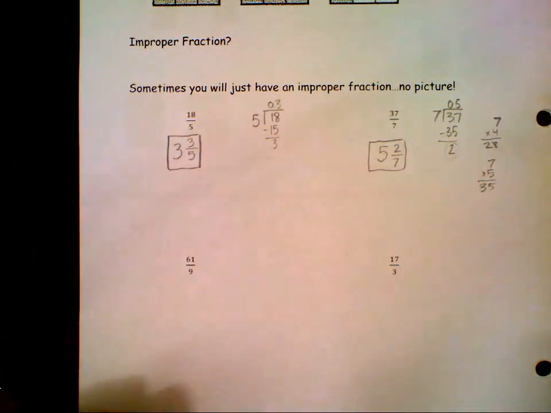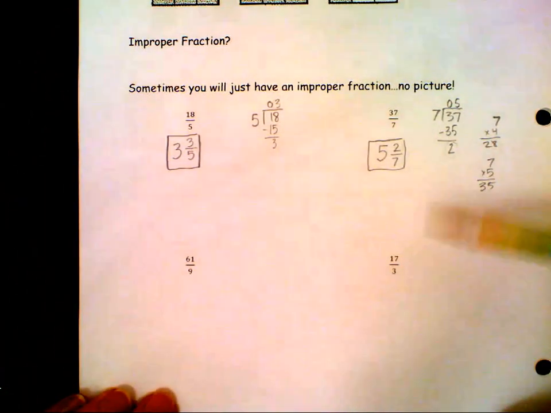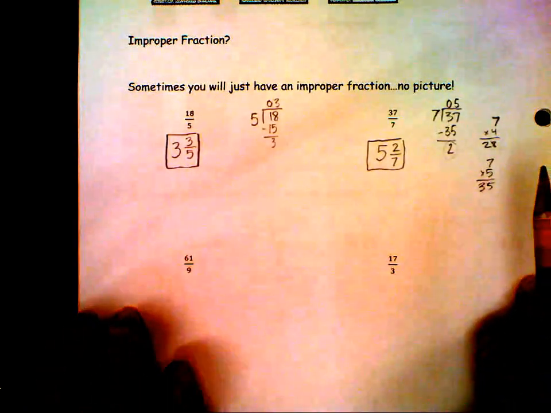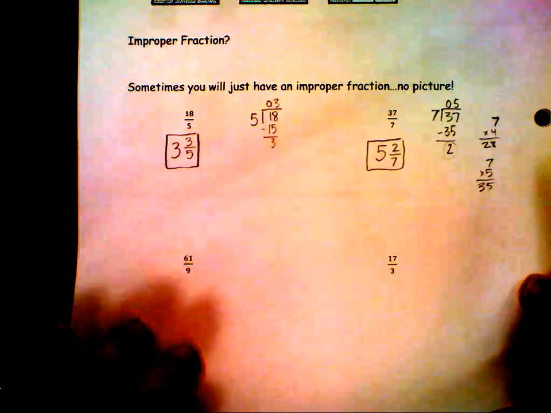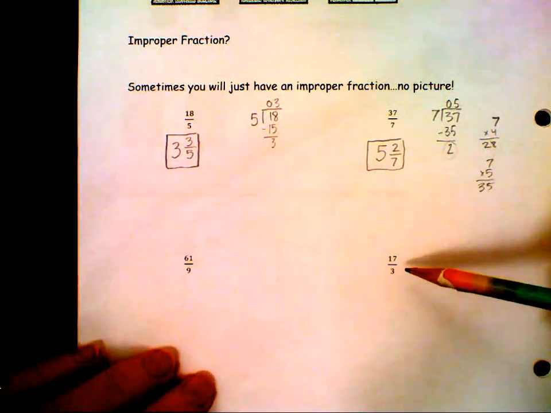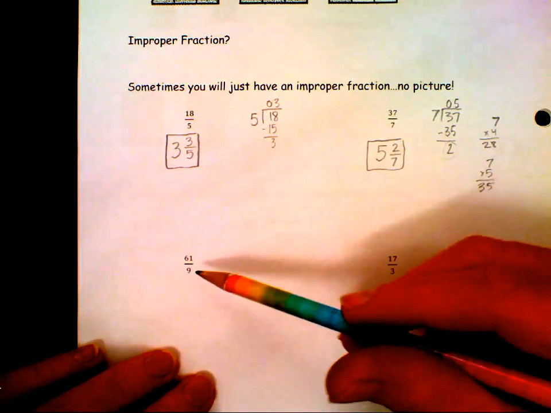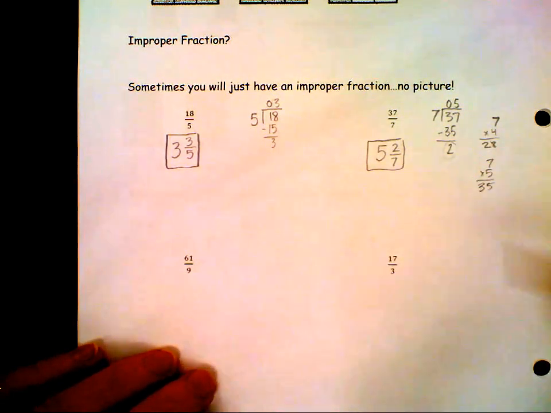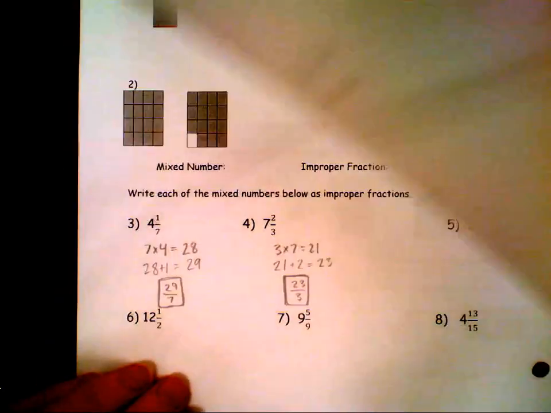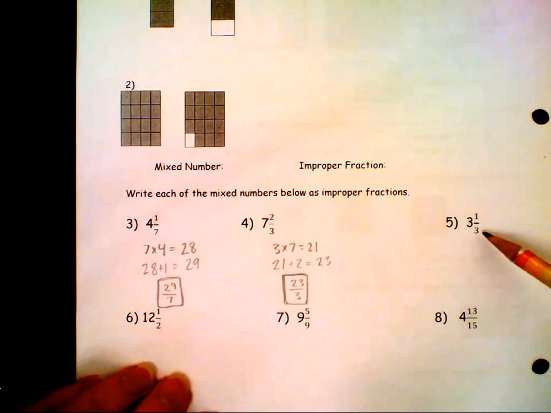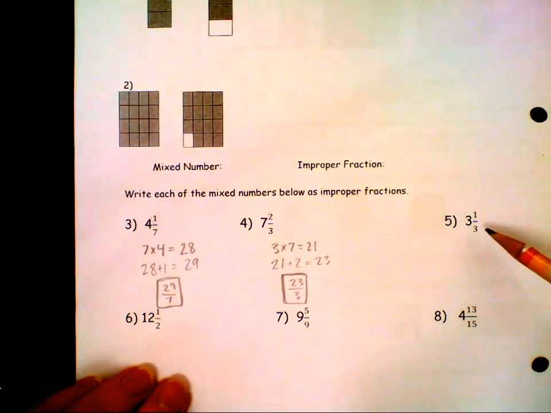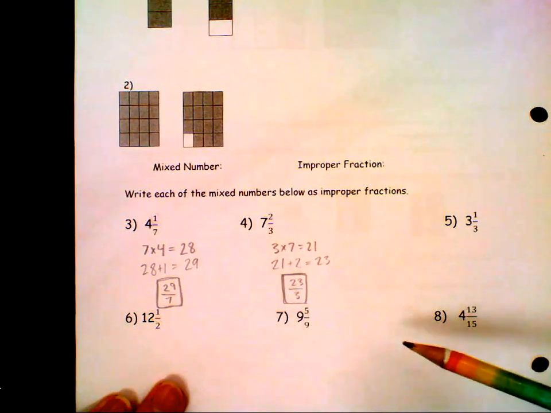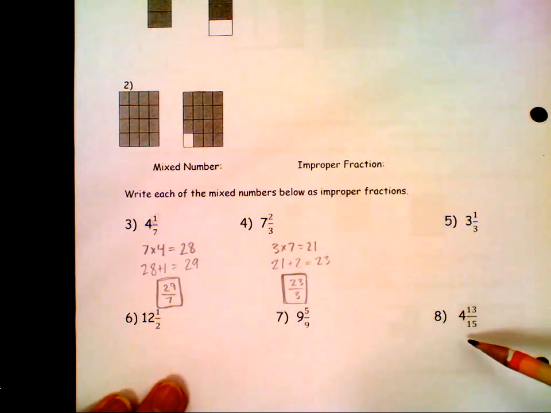Now, any of these problems that you see here would be excellent practice to follow up. While you do not have this worksheet, you can practice on a scratch piece of paper 17/3, 61/9. Convert those into mixed numbers. Similarly, you can practice these here. Pause the screen, convert 3 and 1/3 into an improper fraction, 12 and 1/2, 9 and 5/9, 4 and 13/15.